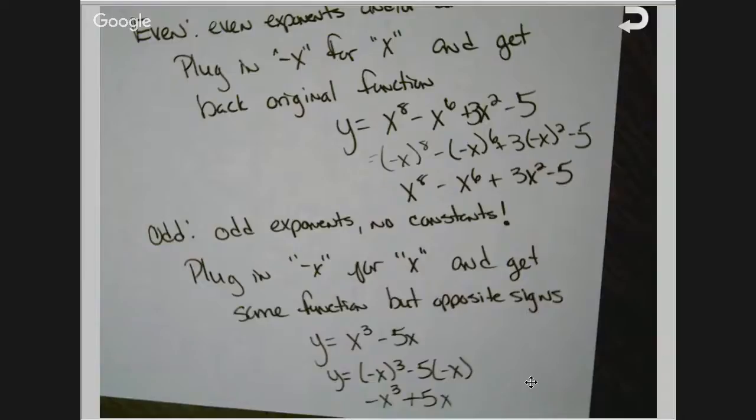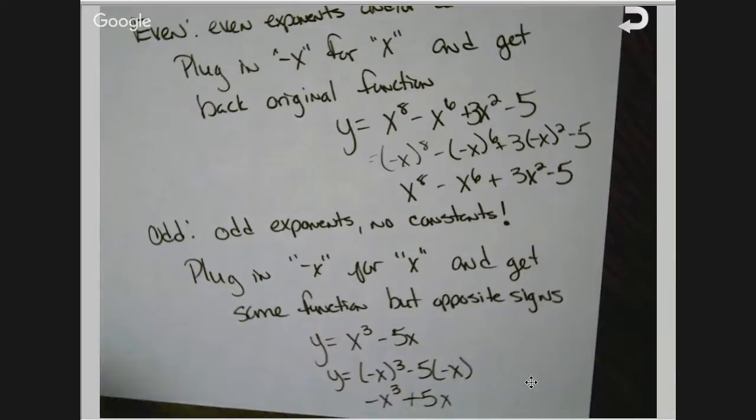On odd, they couldn't have any constant on it. Any number that you added to it, because the idea is that every sign has to change. If it's just a number at the end, it doesn't have an x attached to it that can make it change when I plug in negative x. So I can't have it.